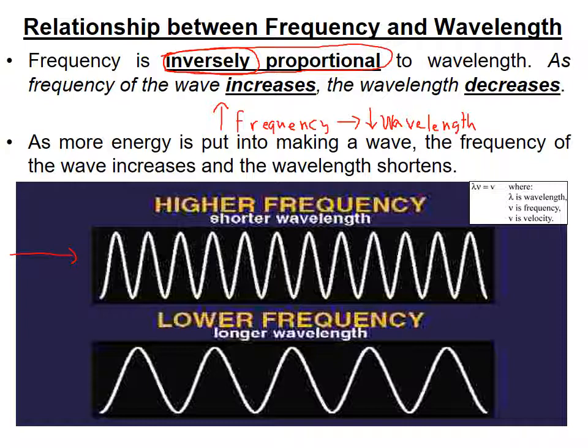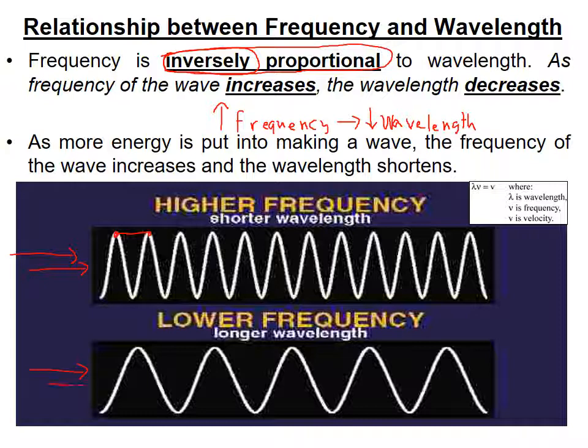So if we look at the two pictures here, the wave at the top repeats itself much more often. So this is a higher frequency. And if you measure the wavelength from crest to crest or trough to trough, we're going to see how that compares to the wavelength below.